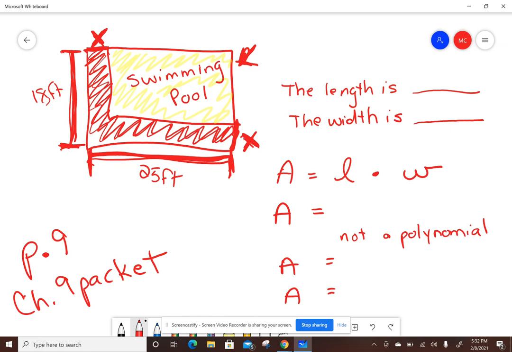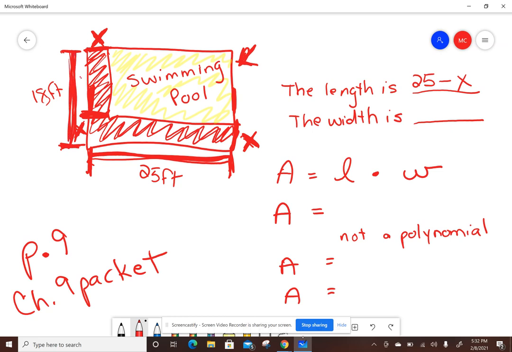Well, now, basically from here to here is 25 feet, but from here to here is x, that means the length is 25 minus x. And we can do the same thing on the other side. From here to here is x, but the whole thing is 18.